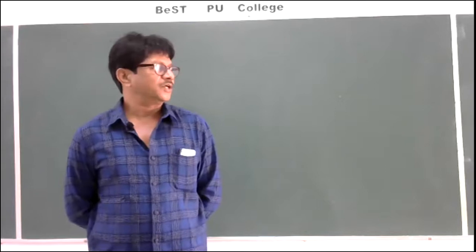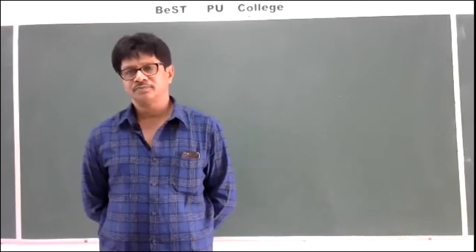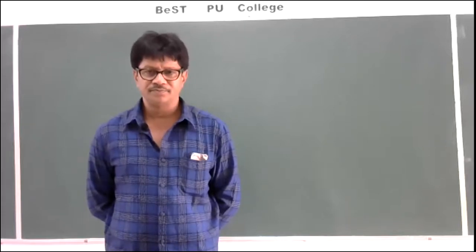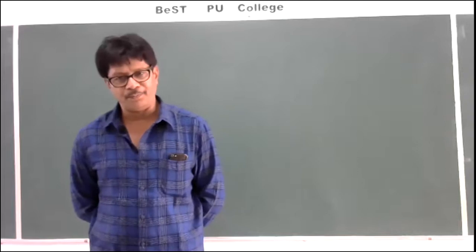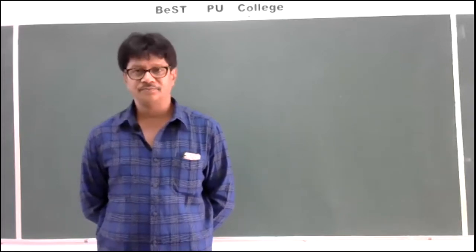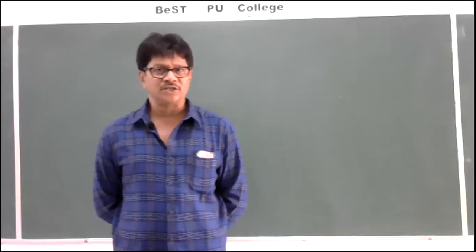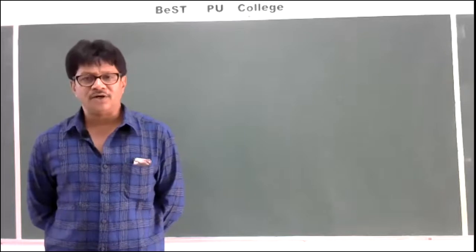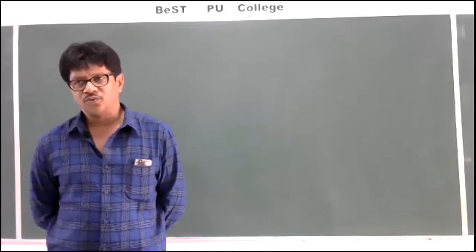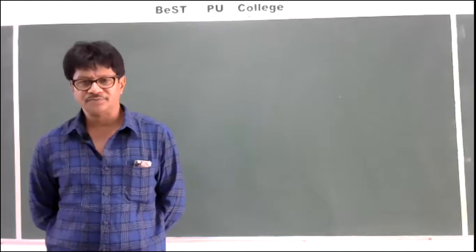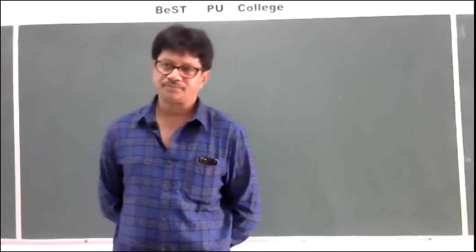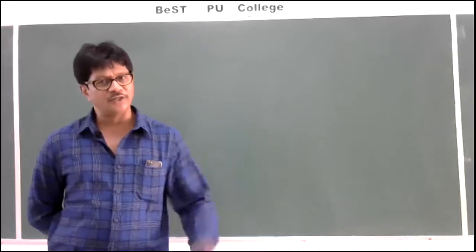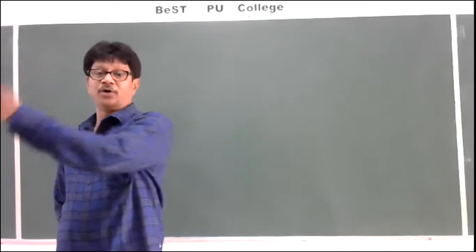What is the velocity of the body at C, which is the midpoint of A and B?